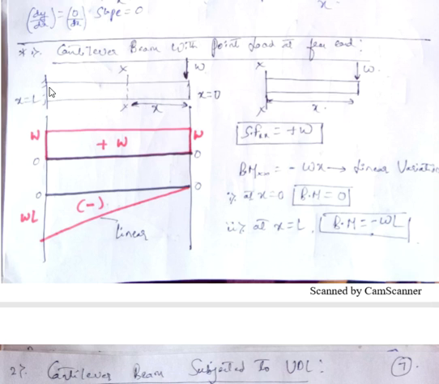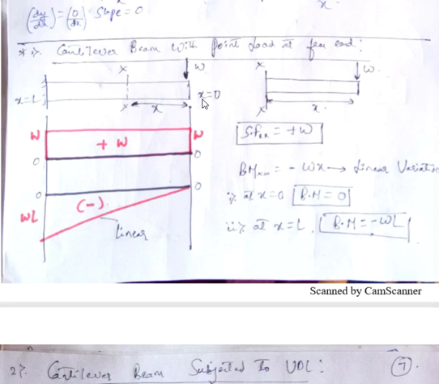If L is the length of this cantilever beam, since the length is along the x-axis, we'll consider the length to be starting from this free end, then it is going to move to left end. At free end, if I consider length, then it is 0.